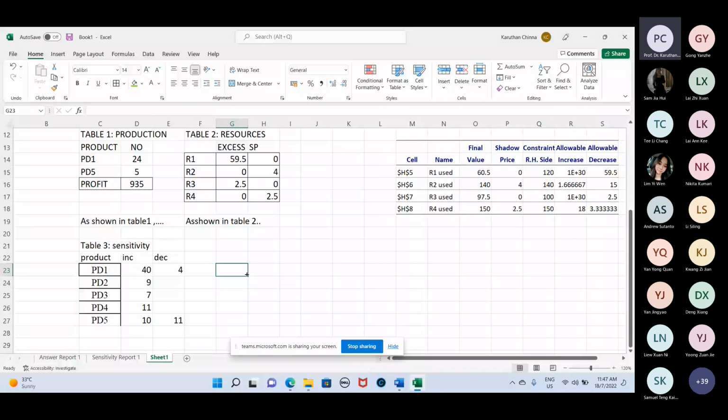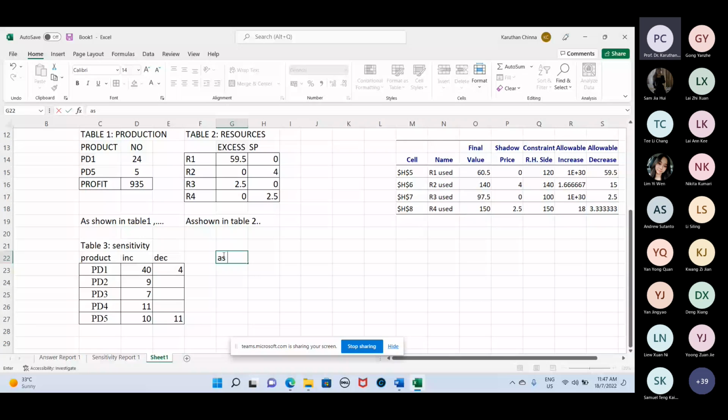I'm going to explain what these values are in this table. Again, refer to the table, as shown in table 3. Explain one by one.